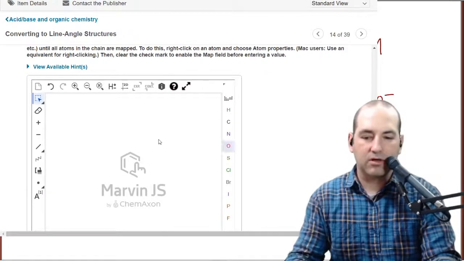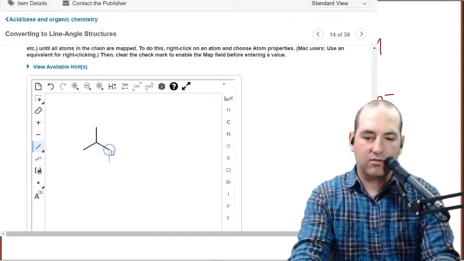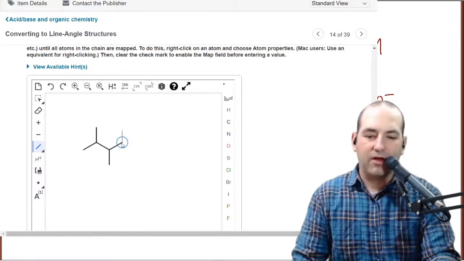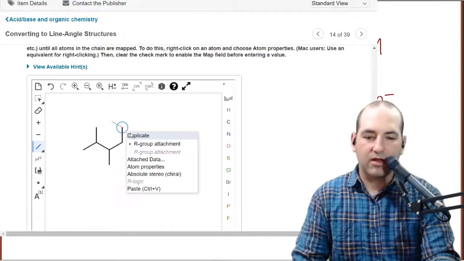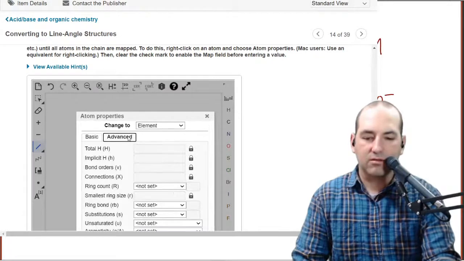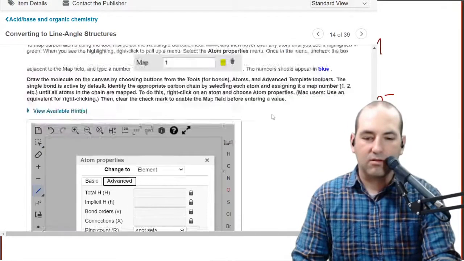So you can draw the molecule. And this is probably wrong, I mean, it's certainly wrong, but just as an example. Then you go to a particular atom in that molecule and you right click and go to atom properties.